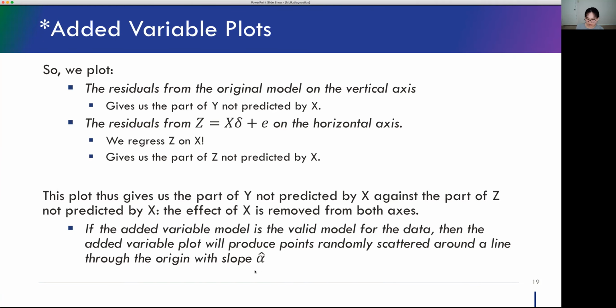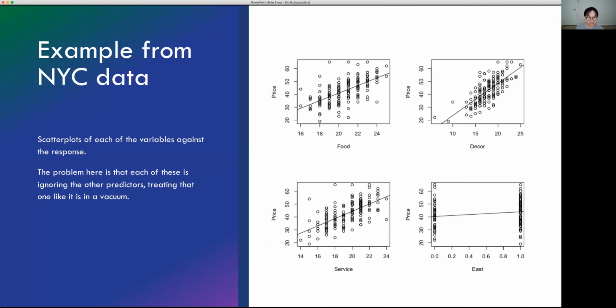And the slope is the slope from the added variable plot: if you fit a linear model on the added variable plot, the slope of that line is an estimate of alpha. Let's take a look at the example here.